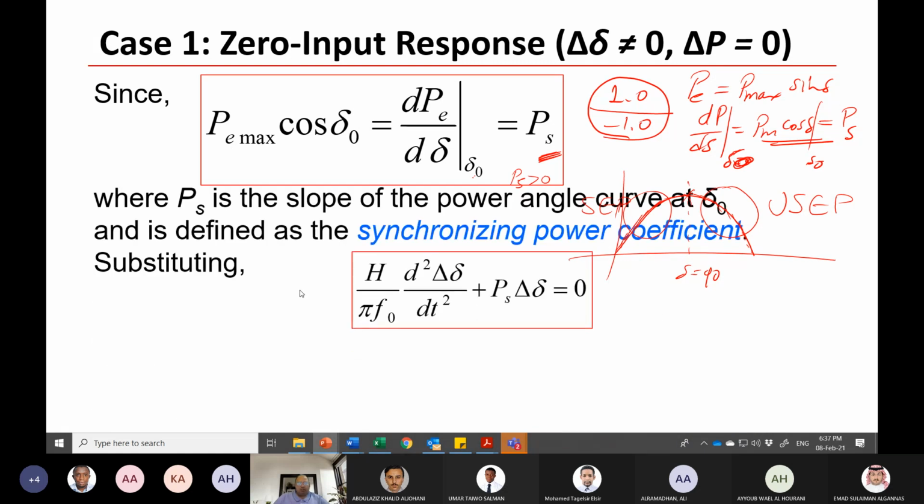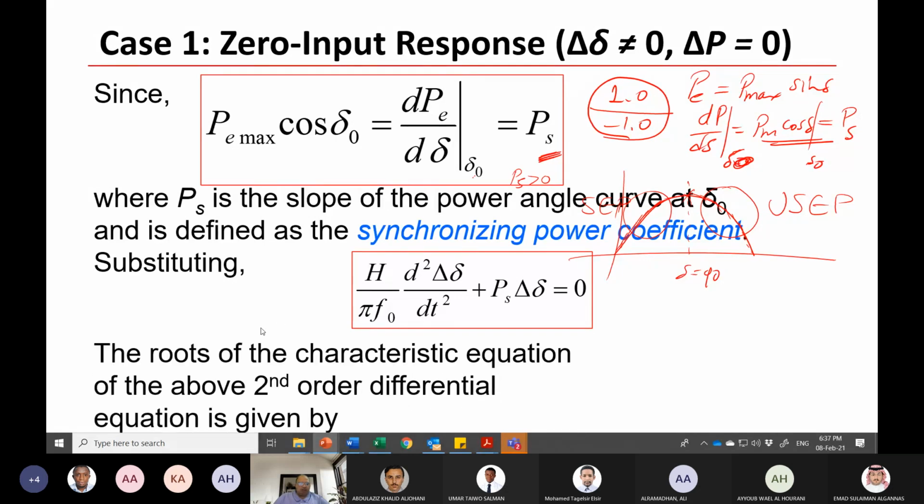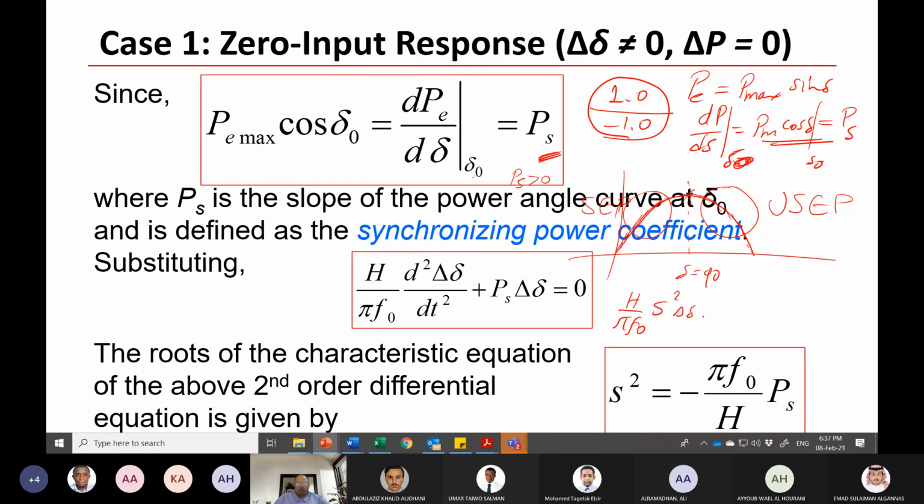So we will define BS as such, and we can write the swing equation as such. The roots of the characteristic equation of this second order differential equation can be found by converting to the Laplace transform. You can write S square H over pi F0 delta delta of S plus BS delta delta of S equal to 0.